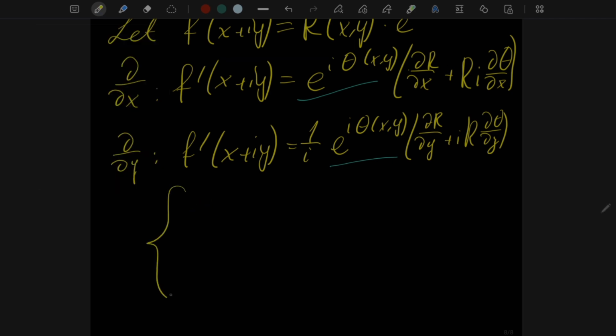So what we get is another form for the Cauchy-Riemann equations. And here dr by dx is equal to r multiplied by d theta by dy. And r d theta by dx is equal to negative dr by dy.